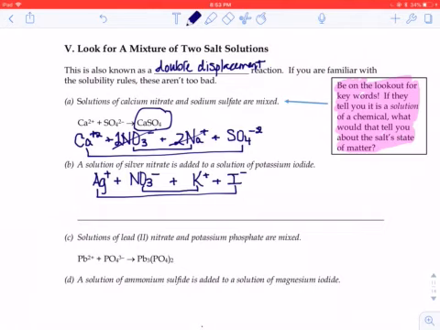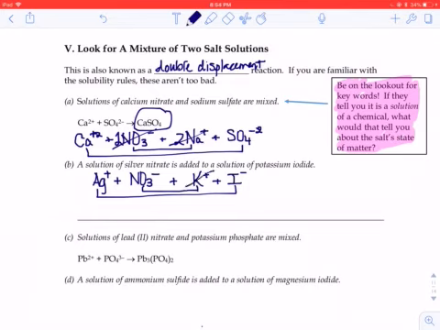So if you know your solubility rules, you'll know that anything with an alkali ion in it, lithium, sodium, potassium, rubidium, cesium, all those guys, always soluble. Nitrates, always soluble. So if we were to put potassium and nitrate together, they would dissolve in water. On the product side of the reaction, we would show those guys broken up.